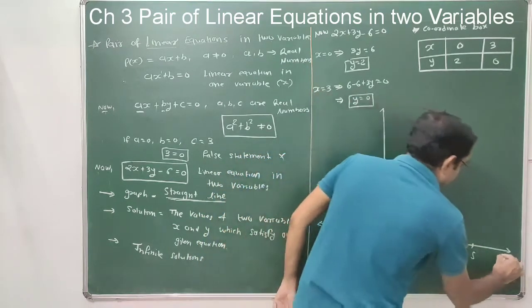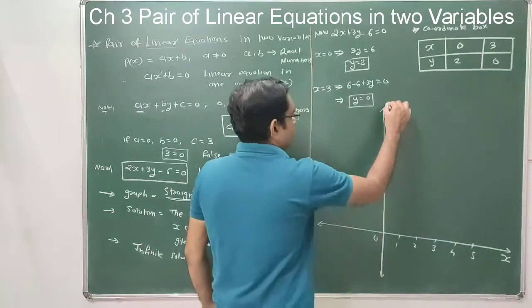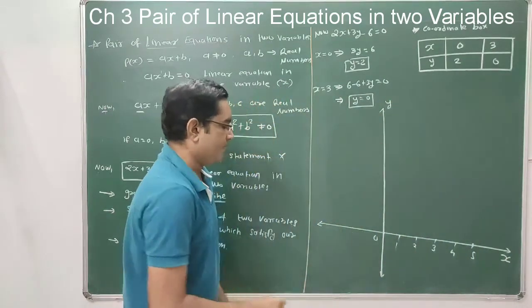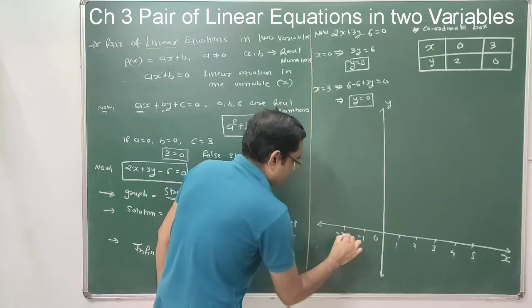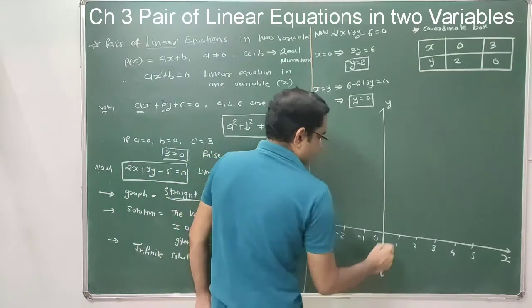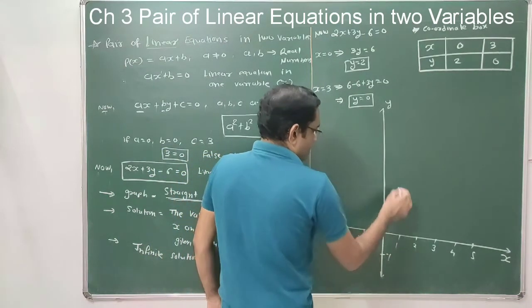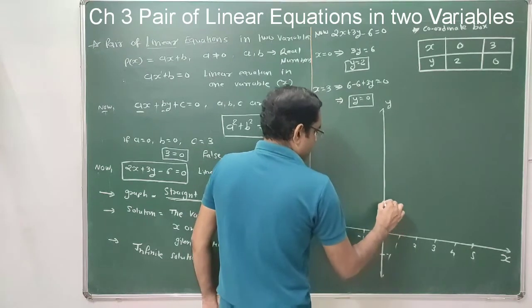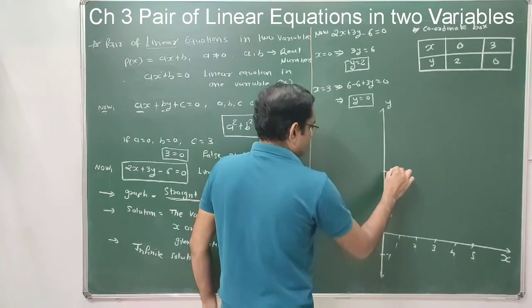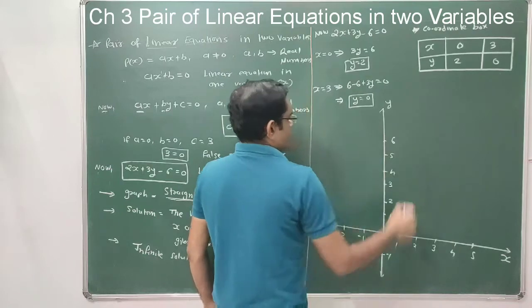A maximum of 4 values are required. This is our x axis and this is our y axis. Here on this side it's minus 1, minus 2. Here minus y, plus y. So it's 1, 2, 3, 4, 5, 6.